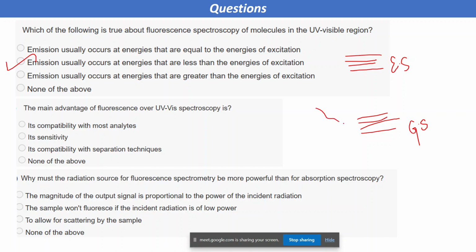If you excite a molecule in the ground state, it goes to a higher excited state, so this is the energy of absorption. Now the molecule vibrationally relaxes back to the lowest vibrational level of the excited state, and from this state it undergoes emission. So this is your energy of emission.